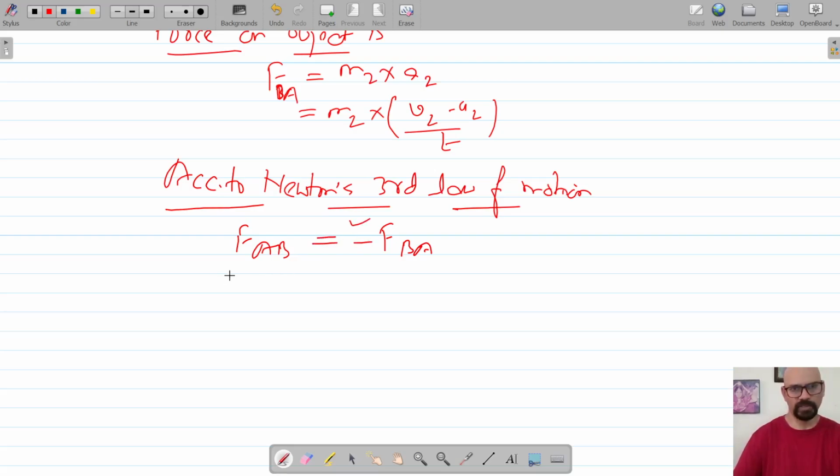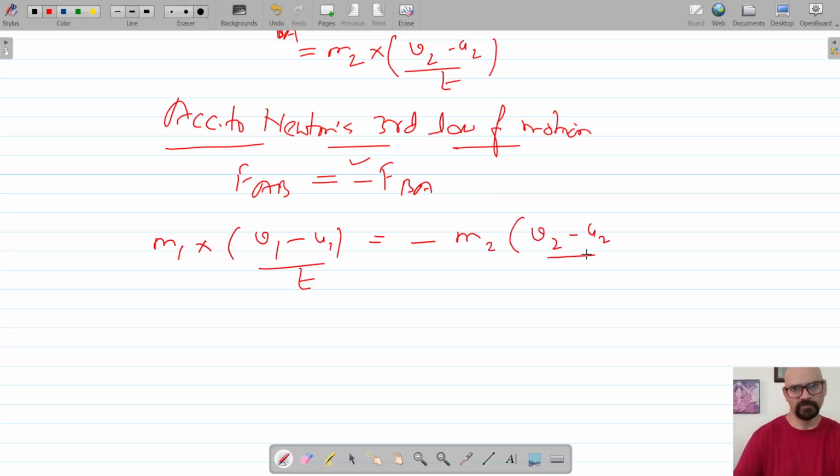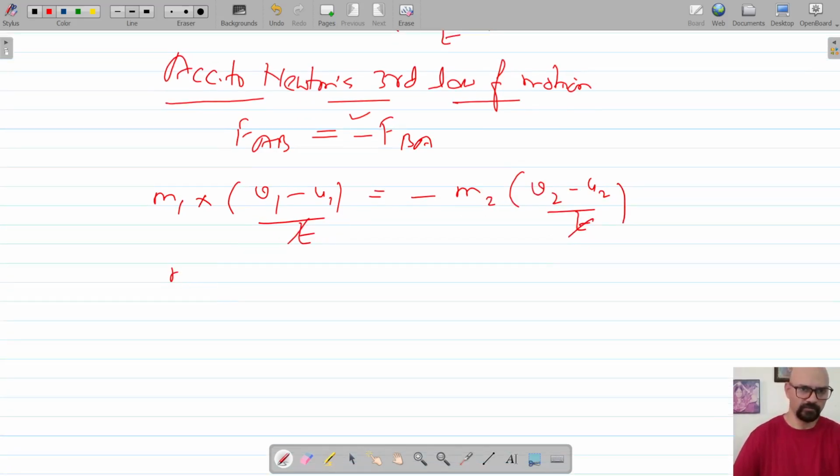For opposite, we put in the negative sign. Let's now write down the two forces: m1 into v1 minus u1 by t is equal to minus m2 into v2 minus u2 by t. So t and t get cancelled, and let's open up the brackets. So this is m1 v1 minus m1 u1 is equal to minus m2 v2 plus m2 u2.